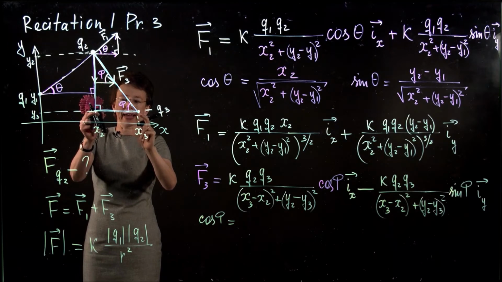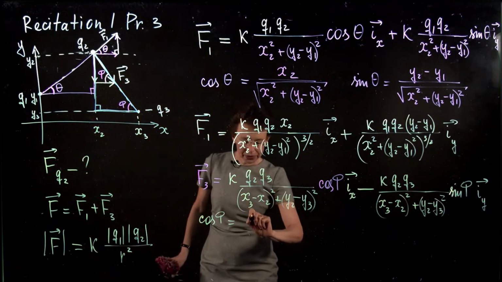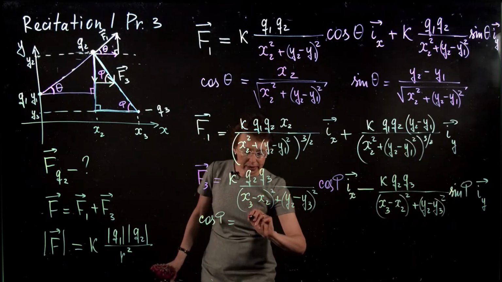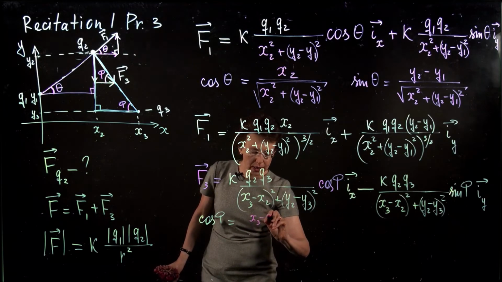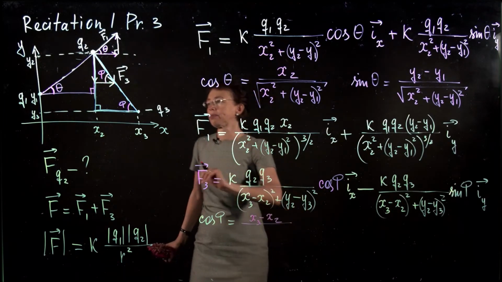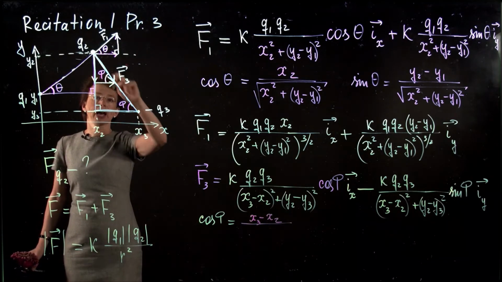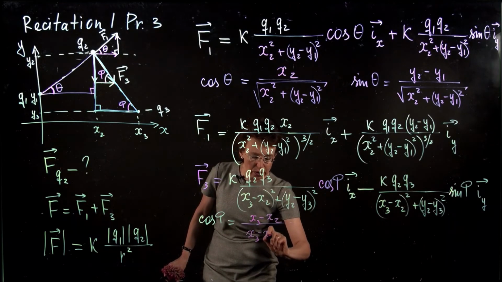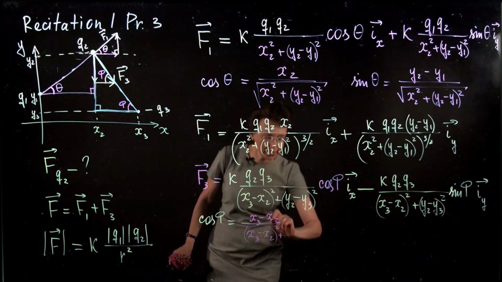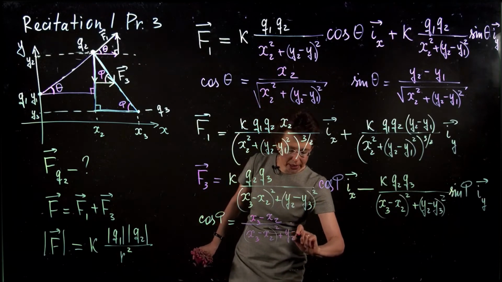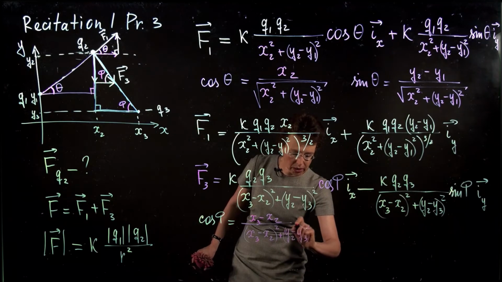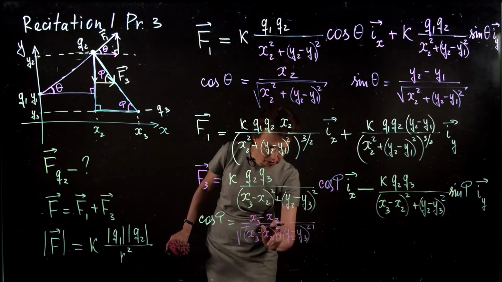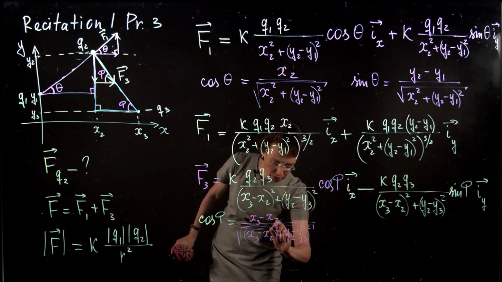It is the adjacent leg, which is x3 minus x2, divided by the hypotenuse, which is the square root of x3 minus x2 squared plus y2 minus y3 squared. Correct this, the 2 is still here.